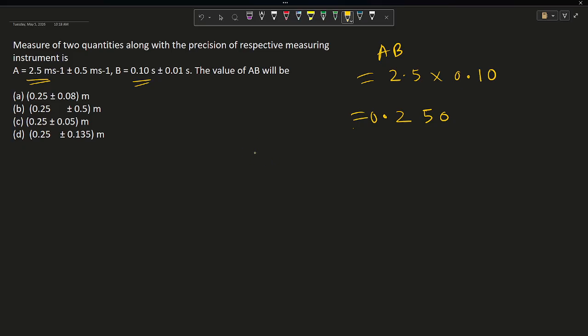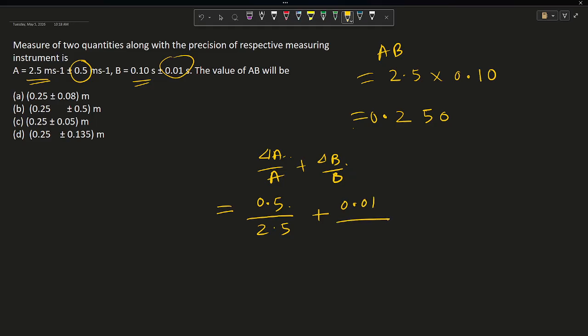Now find out the error. Error will be delta A by A plus delta B by B. Delta A is given, this one, 0.5 by A, 2.5, plus delta B, this one, 0.01 by 0.10.